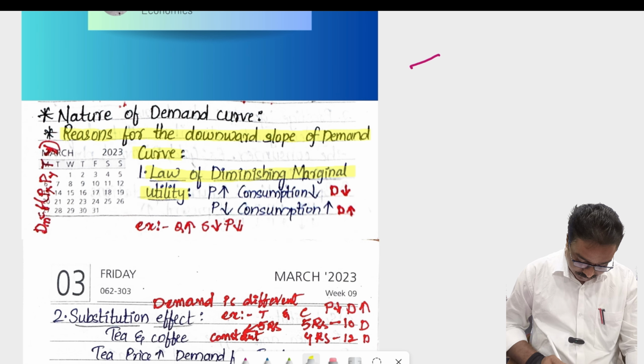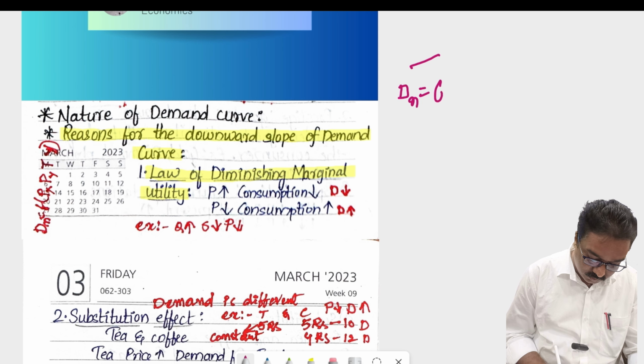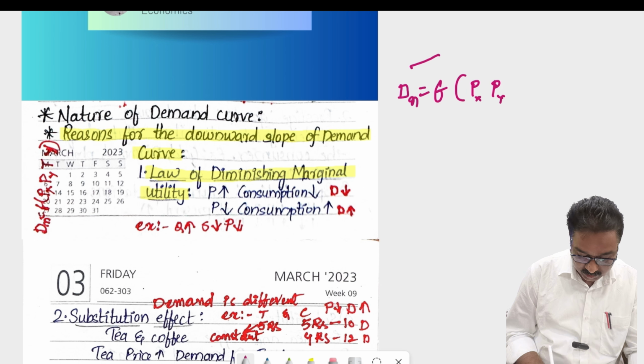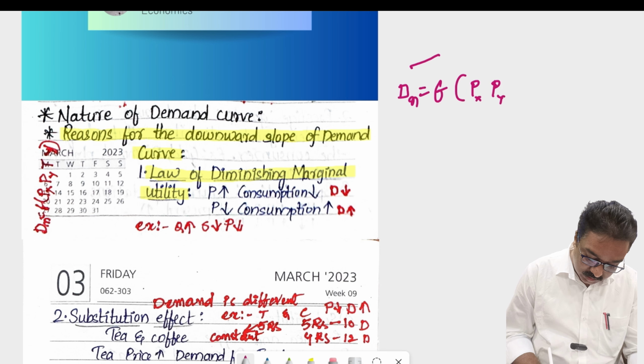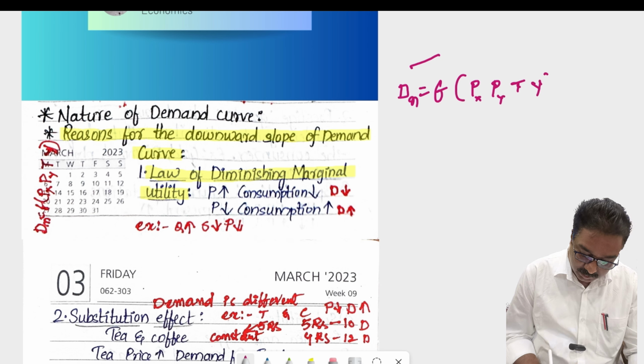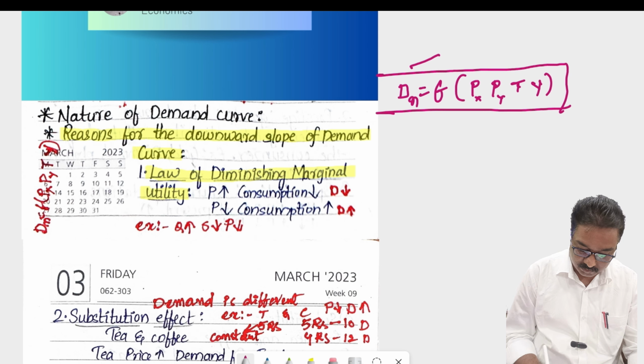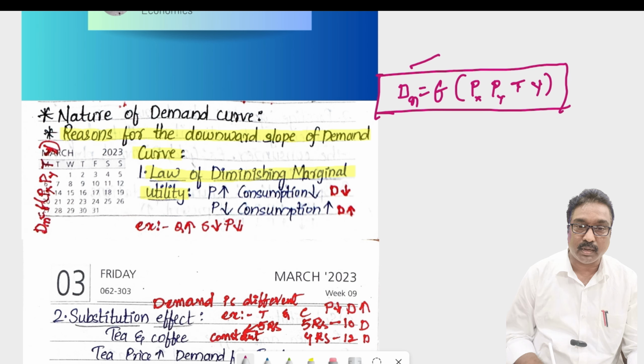So listen here, there is one formula. Dn is equal to a function of price of x, price of y, t, y. So this is the equation.